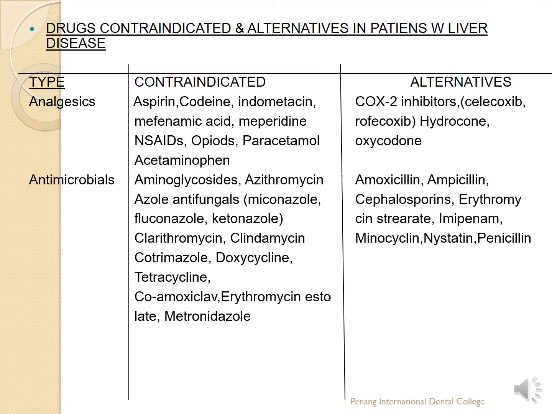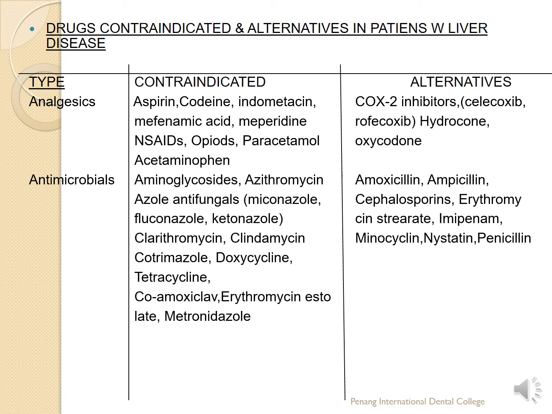Then antimicrobials: azithromycin, clarithromycin, clindamycin, doxycycline, tetracycline, and amoxicillin with clavulanic acid are contraindicated, and the safest drugs are our routine amoxicillin, cephalosporin, and penicillin. You can safely prescribe these drugs.